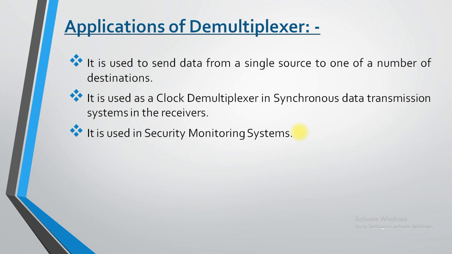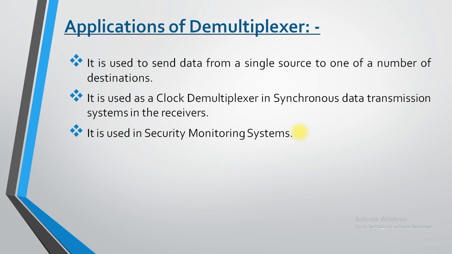How many types of multiplexer are there? Two types. Time multiplexer and frequency multiplexer. Similarly, we have clock demultiplexer which can be used with a synchronous data transmission system, which can be available in the receiver.